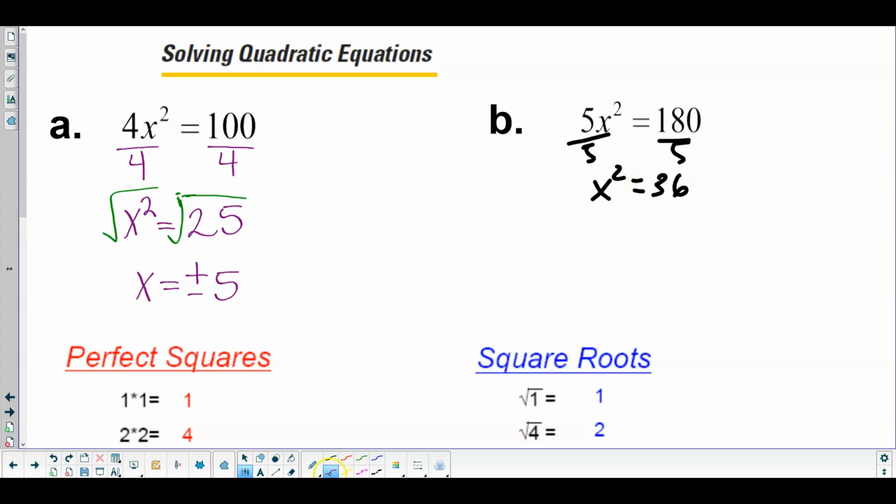And because the square root of 36 is 6, don't forget we're going to write plus and minus 6. And then put down your x. And then this one is done. Okay, so you can see I took the square root after I divided out the number in front. What do you think? Hopefully kind of easy.